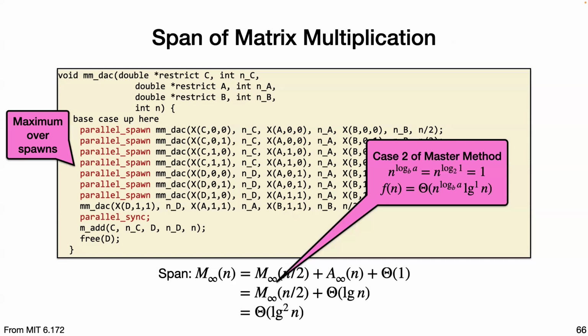So we're comparing f of n with n to the log base b of a. And we find that f of n fits this form, n to the log base b of a times log to the k n. And in this case, k is 1. This thing also happens to be 1. And so the solution is log to the k plus 1.